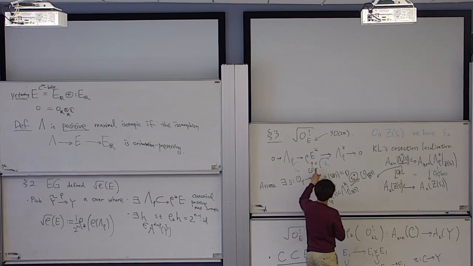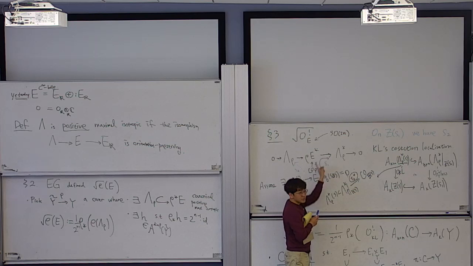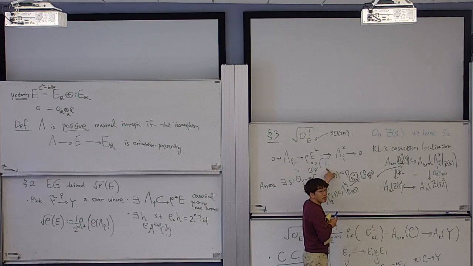Then this somehow splits into two sections: one defined by composition, and the other defined on the zero locus of S1. So this cosection is defined from there.